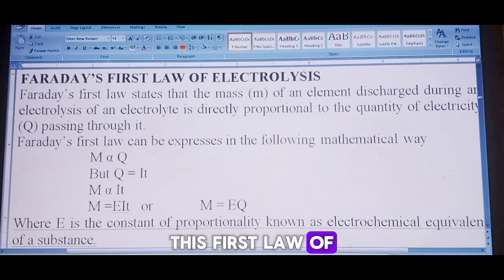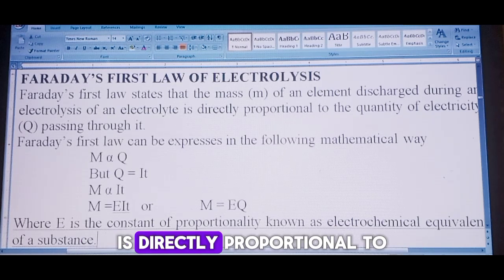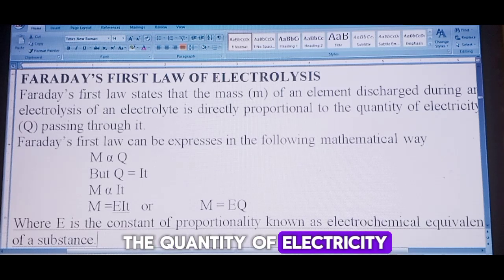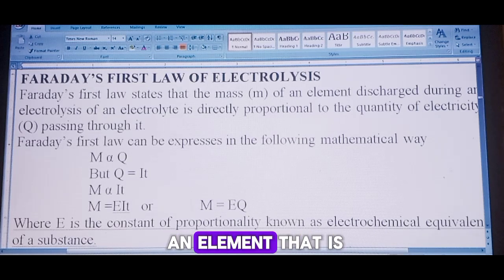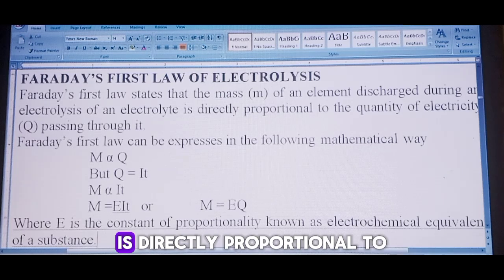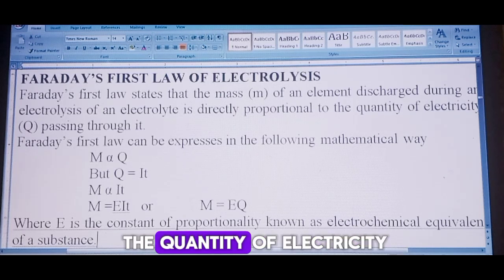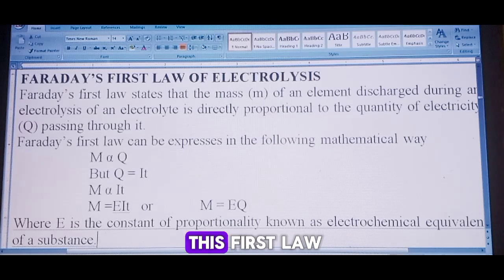Faraday's first law of electrolysis states that the mass of an element discharged during an electrolysis of an electrolyte is directly proportional to the quantity of electricity passing through it. That is Faraday's first law.